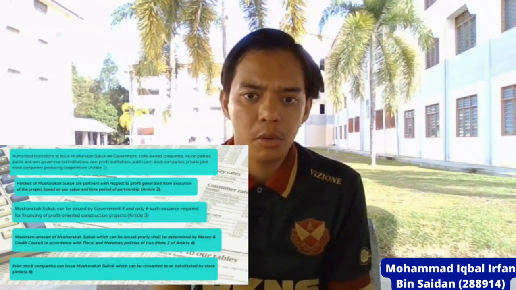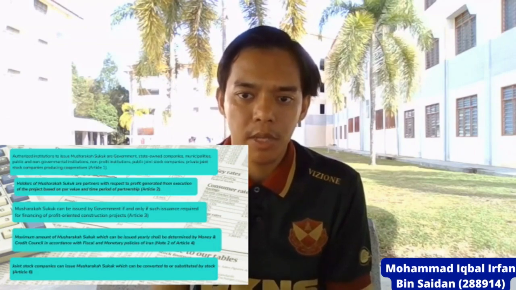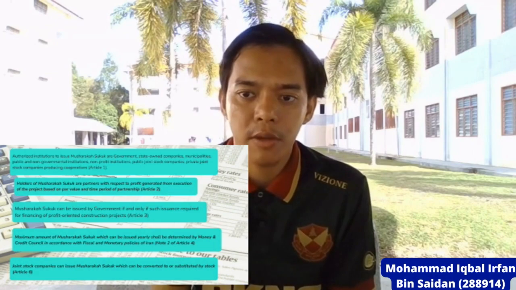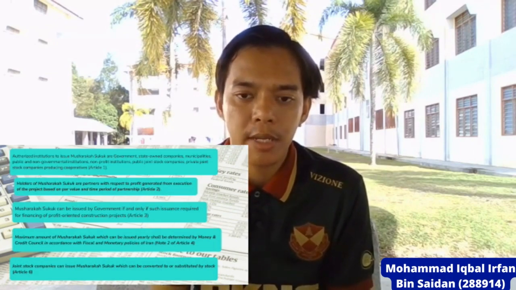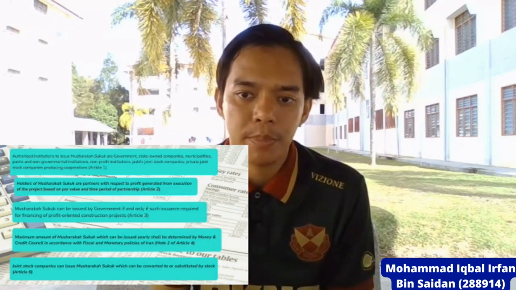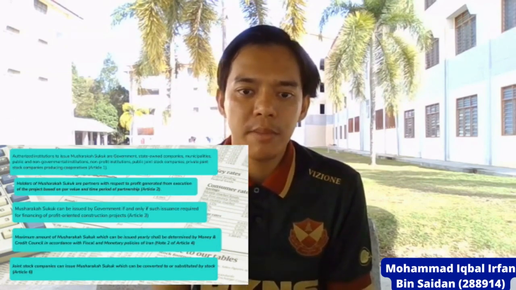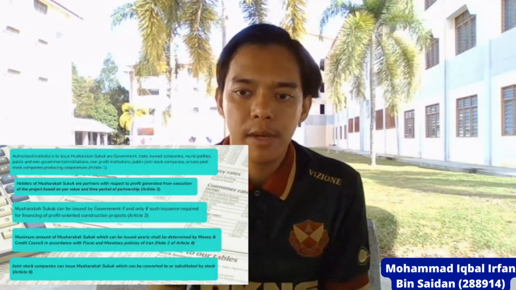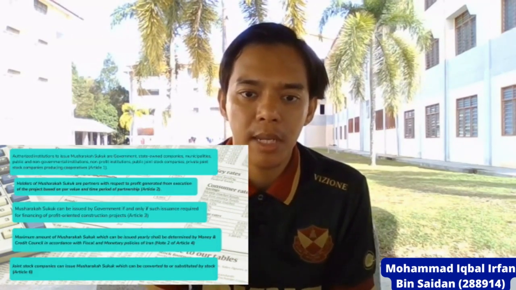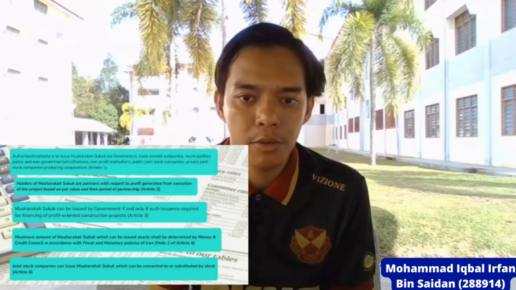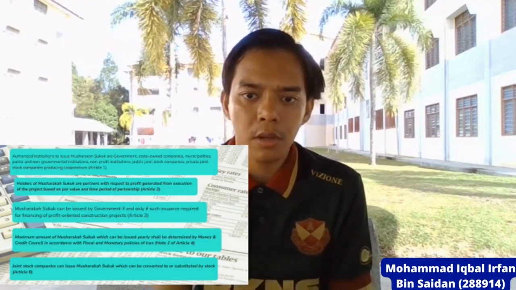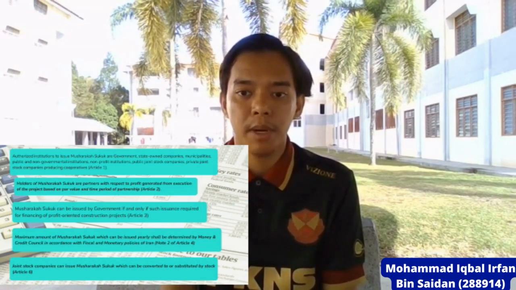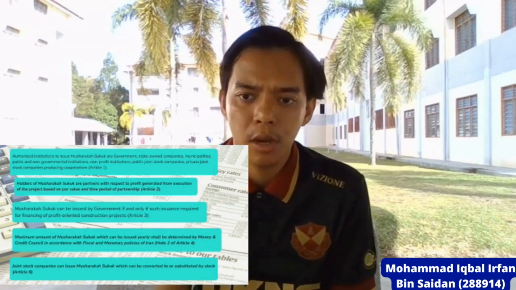Next, Musyawarah Sukuk can be issued by the government only if such issues are required for financial profit-oriented projects, in Article 3. The maximum amount of Musyawarah Sukuk which can be issued yearly should be determined by the Money and Credit Council in accordance with the fiscal and monetary policy of Iran.